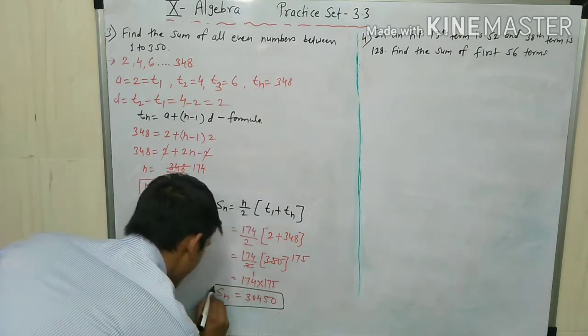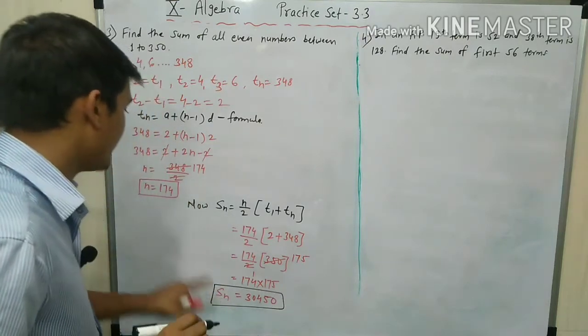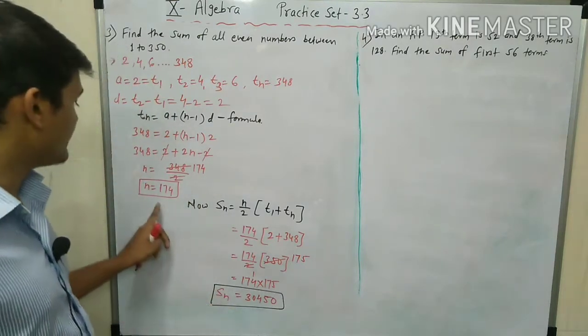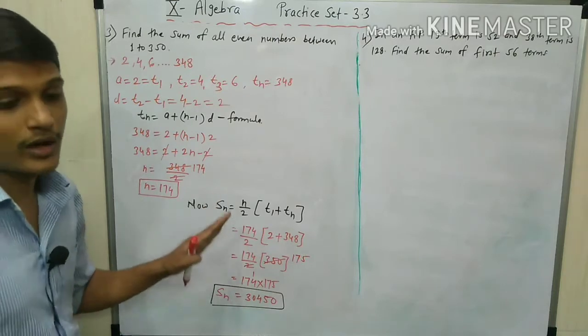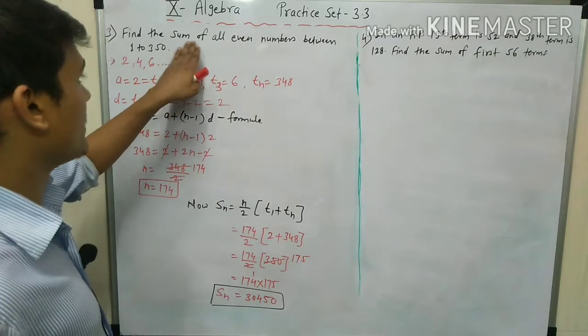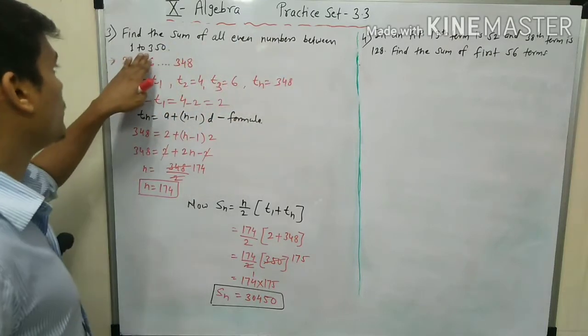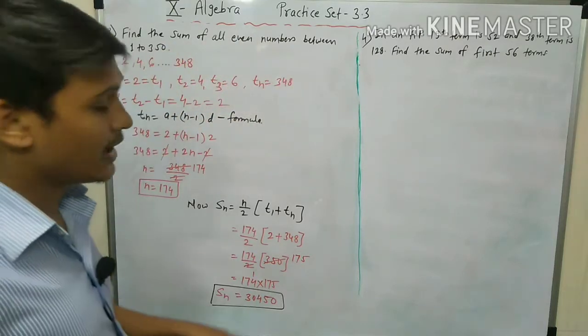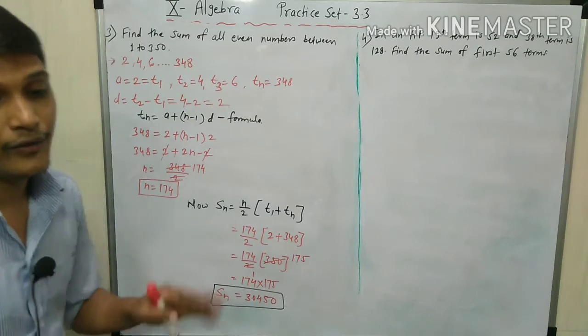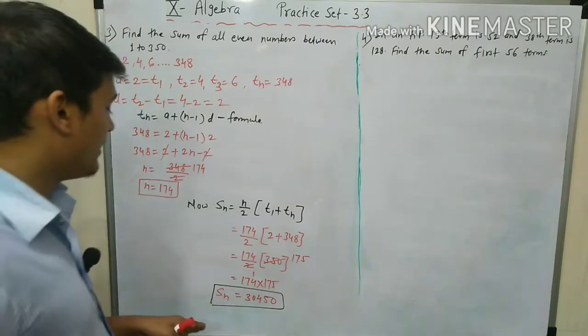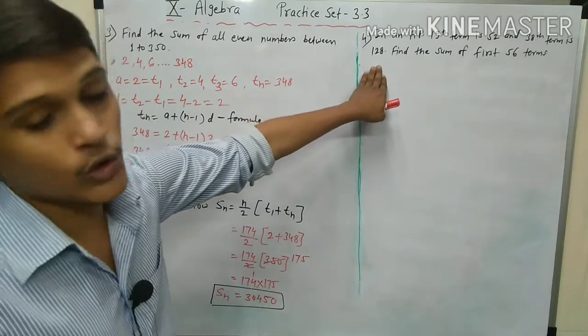Now this is your final answer. Sn means S174. Understood? Now we can write here the sum of all even numbers between 1 to 350 is 30,450.